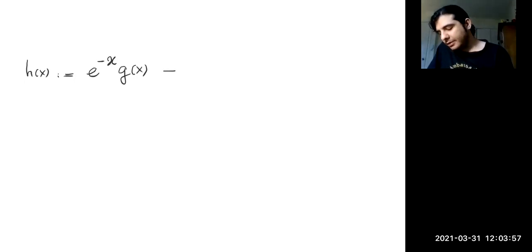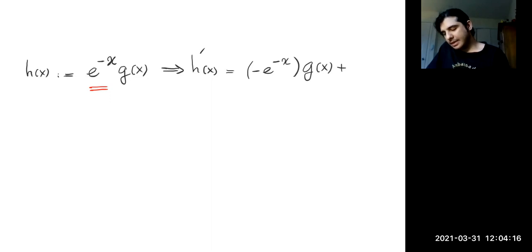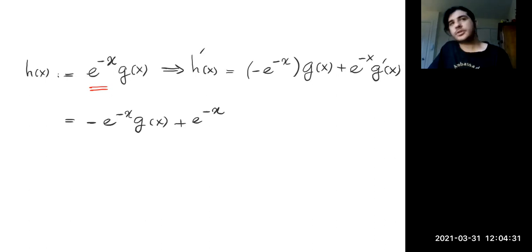So let's see what the derivative of h is. The derivative of h of x is, by the product rule, first the derivative of the first function, which is negative e to the negative x, times g of x, plus e to the minus x times g prime of x.